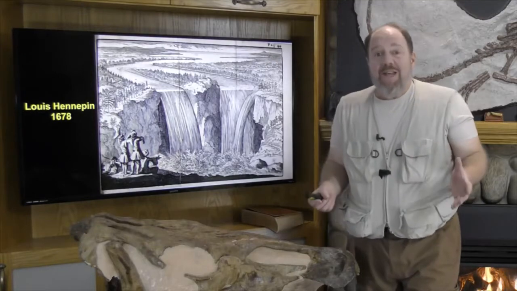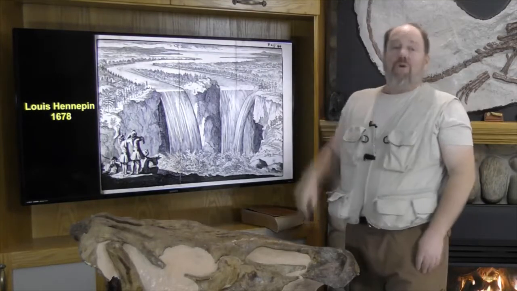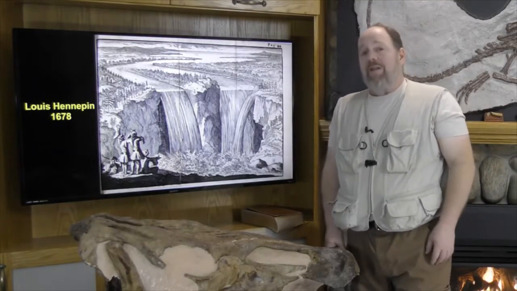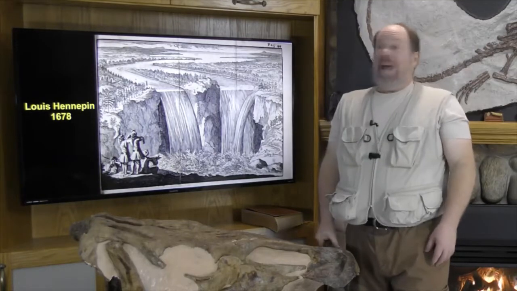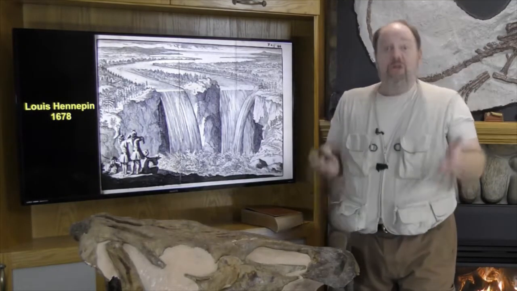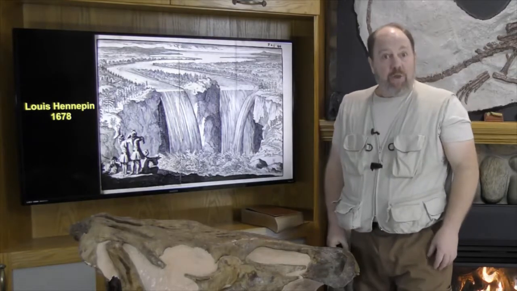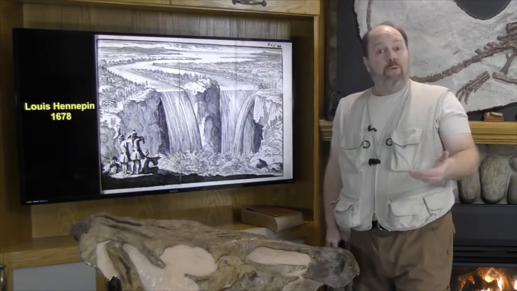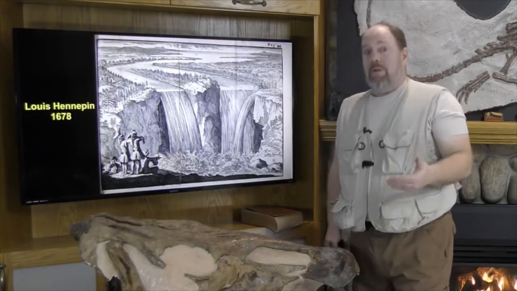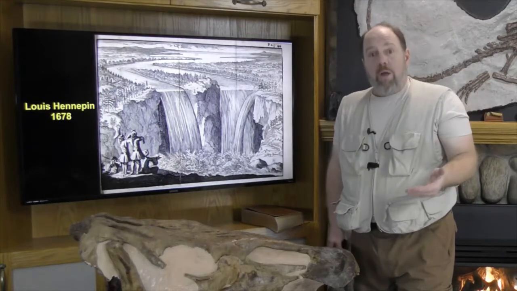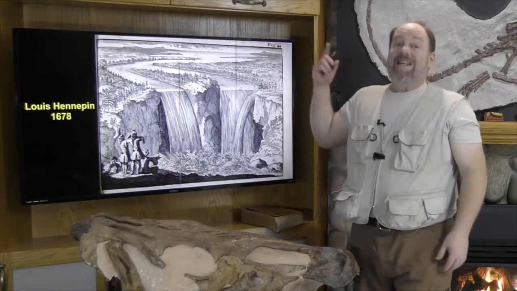The only reason they say that is because the falls in Hennepin's drawing do not look anything like they do today. That is a lame excuse to reject the accuracy of this drawing, especially considering the volume of water flowing through the river was at least double today's volume, and the drawing was made over 340 years ago.